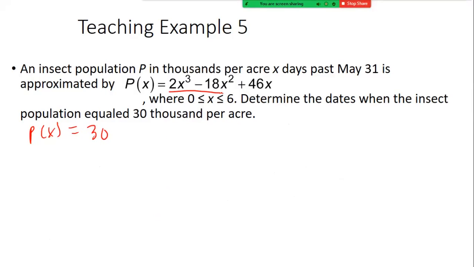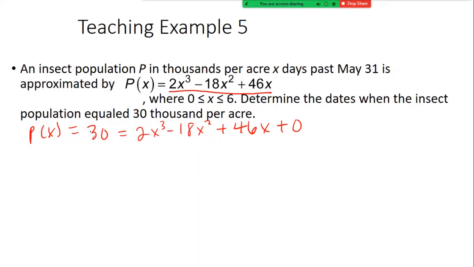So we're taking this and setting it equal to 2x cubed minus 18x squared plus 46x. So if I write plus 0, just to fill it in.